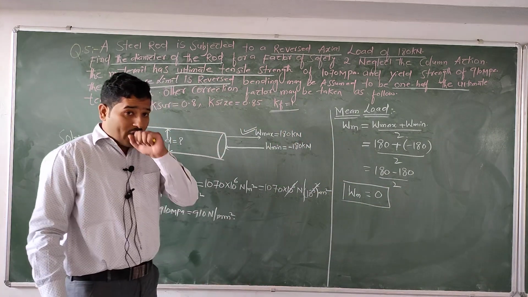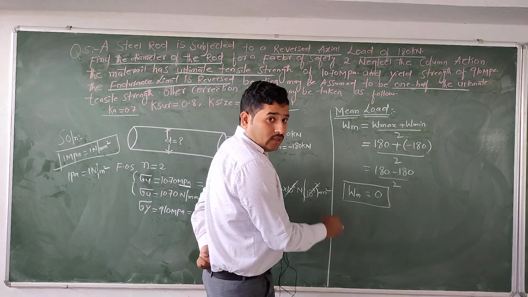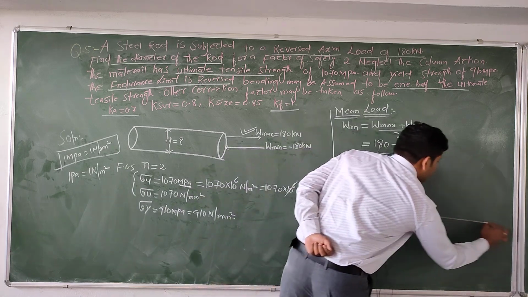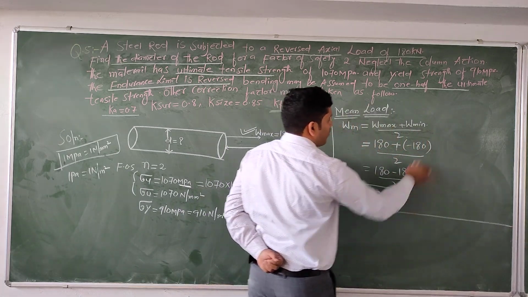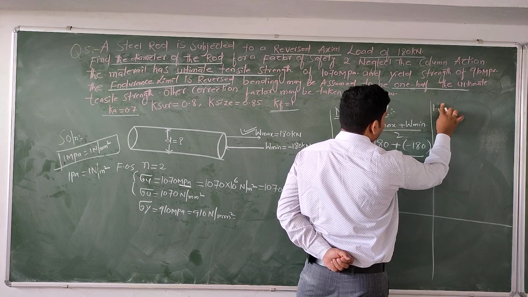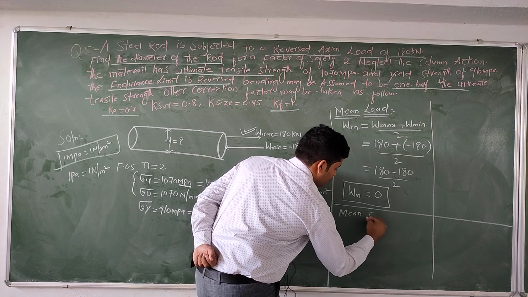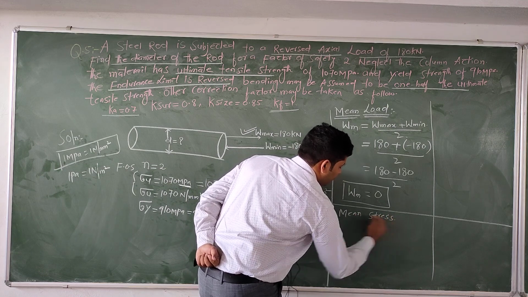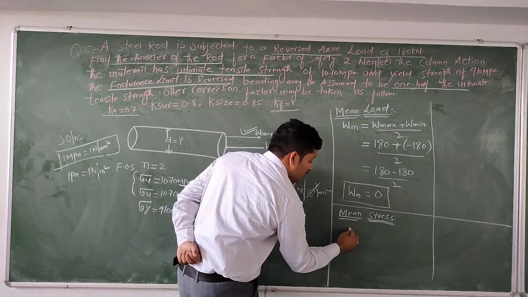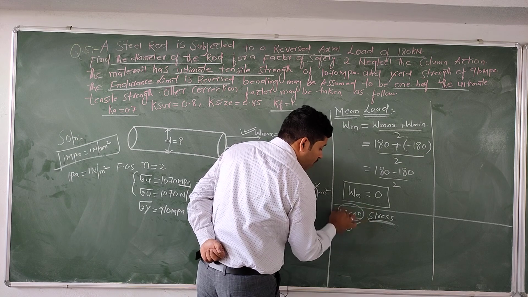Again, what we need to find out? We need to find out the mean stress. Mean stress we need to find out here. If you want to find out the mean stress, we can represent it by sigma, but I am talking about mean stress.